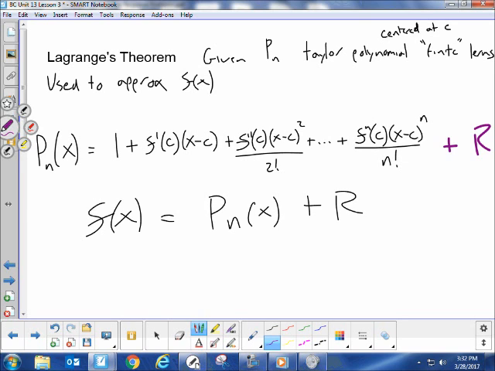Lagrange discovered what the r could be. Lagrange discovered that there must exist a next term with a specific derivative that equals r.